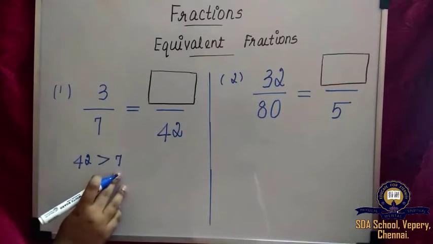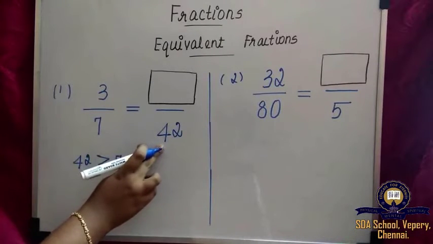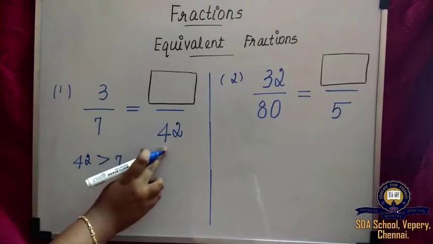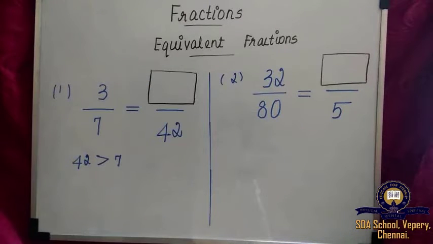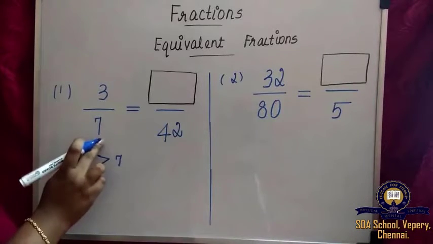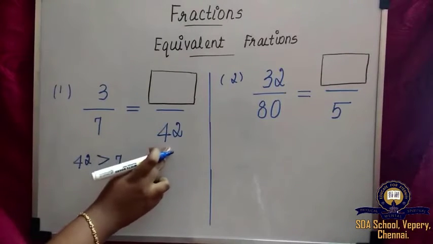So here the greater number is the denominator of the missing fraction. Hence we have to find a number which when multiplied by 7 gives 42. So 7 into what number will give 42?